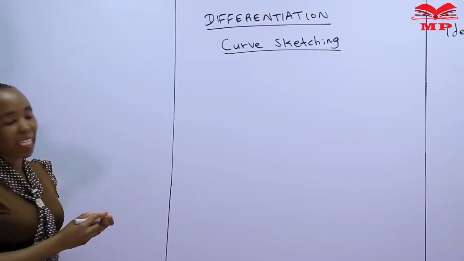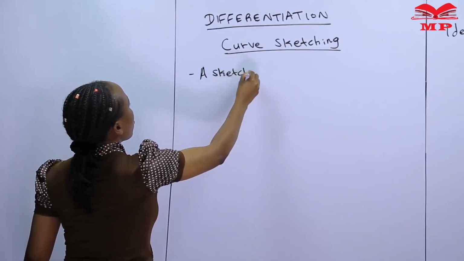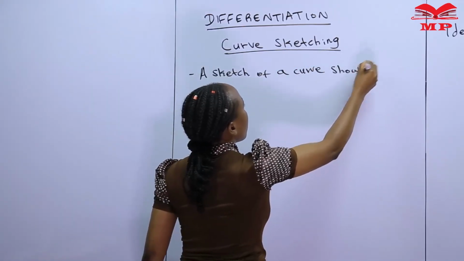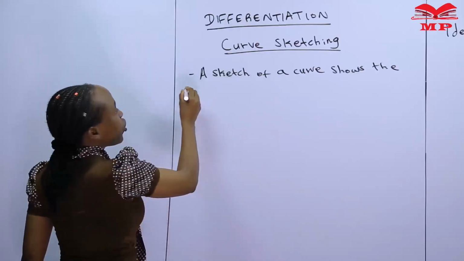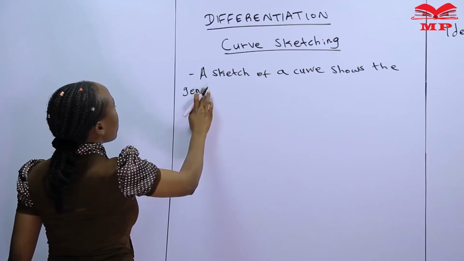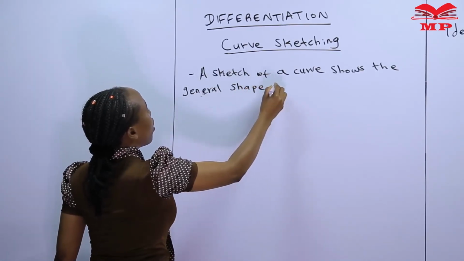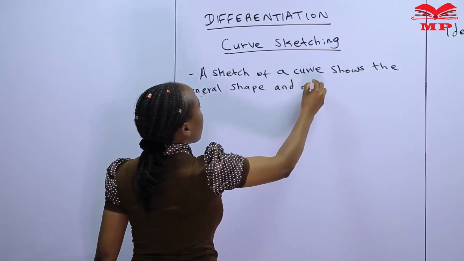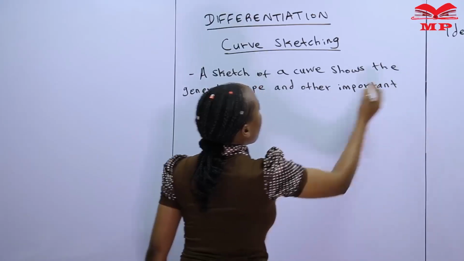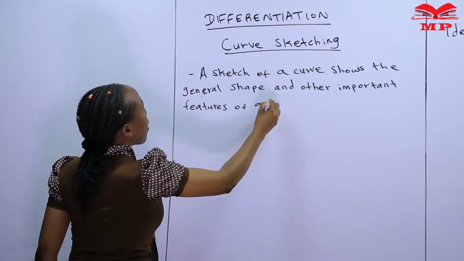And therefore, we say that a sketch of a curve shows the general shape, and maybe other important features of a curve.